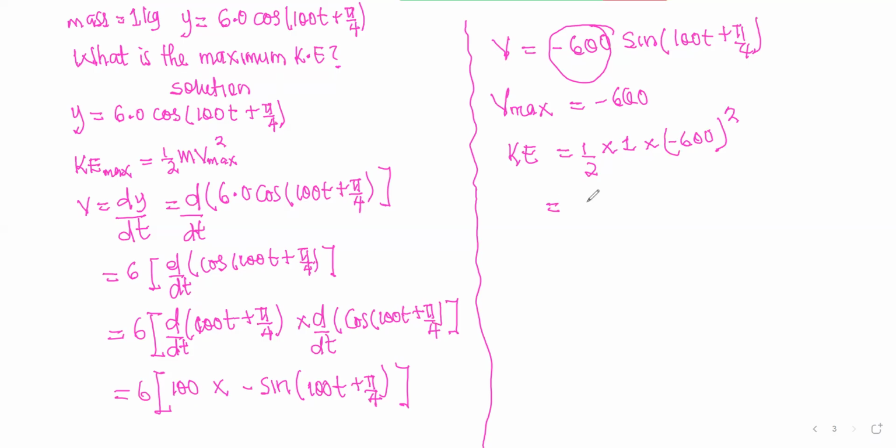And this will give us 360000 divided by 2, which will be 18 times 10 to the power 4 joule. That is the answer.